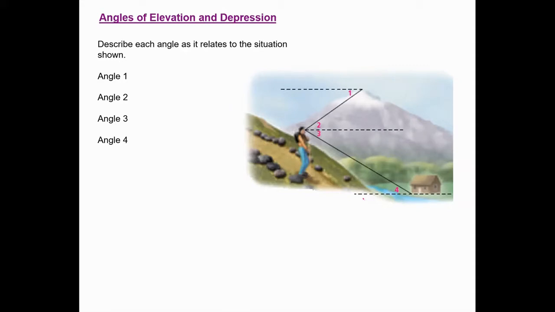We're talking about angle 2. I'm sorry. How about angle 4, guys? What is 4? Ah, yes, Akil, angle 4 is elevation, because from that point, we're looking up at this person, so that will be a 4. Great job, guys.